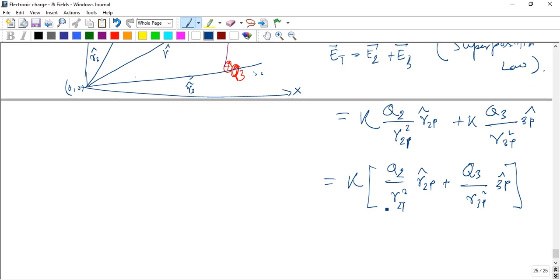The summation, from i equal to 2 to n, gives E total equals K sum of Qi, the source charge, over RiP squared, times RiP cap. That is the final answer.